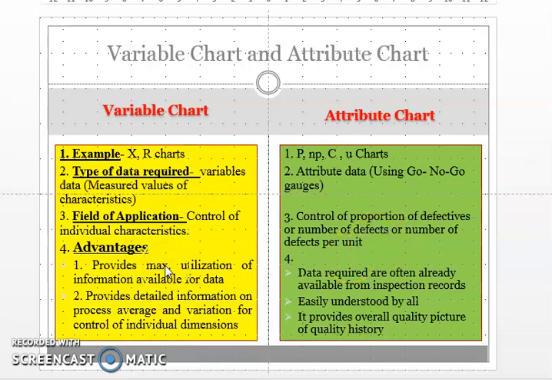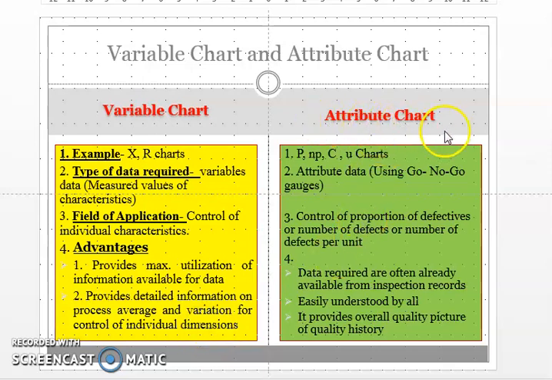Then what are the advantages of a variable chart? This chart provides maximum utilization of information available from data, and it provides detailed information on process average and variation for control of individual dimensions or individual characteristics.